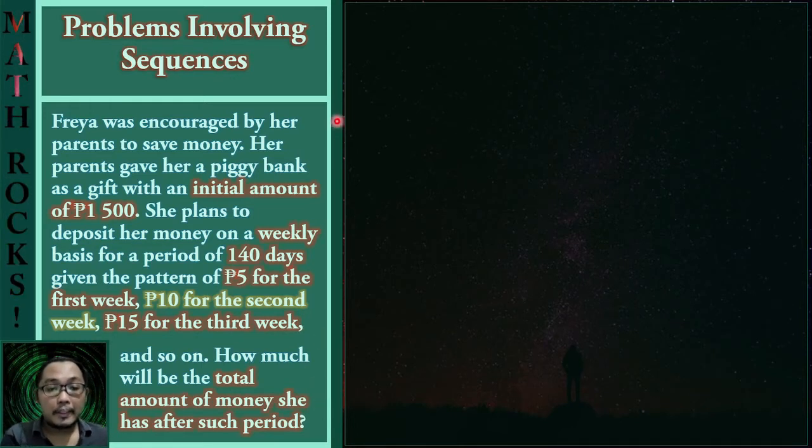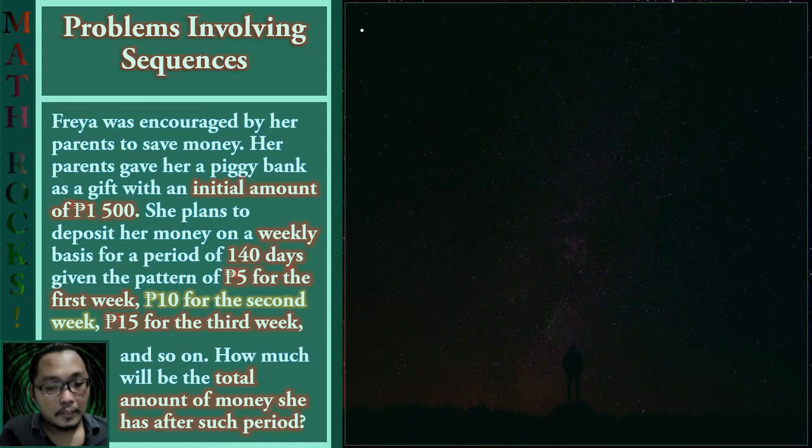Here you will notice that I have highlighted some of the keywords in the problem in order for me to easily look at the information once I reread the problem. Now let us write all the important information in the problem, such as the known quantities. Here we have an initial amount of 1,500.